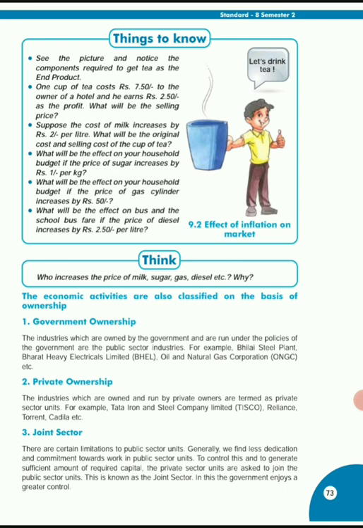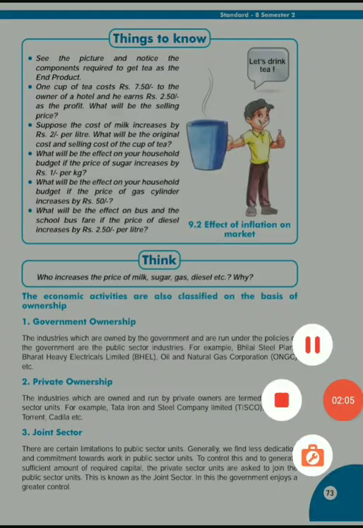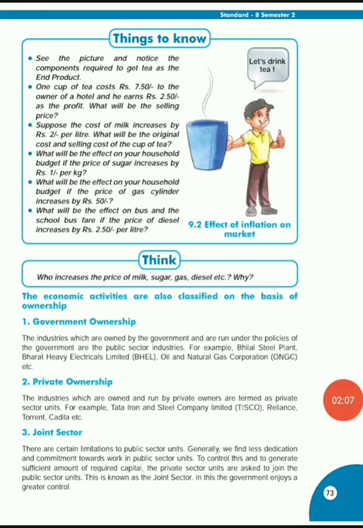Last point, that is the joint sector. The industries in which both public and private sector work together are called mixed entrepreneur, or we can say it's a joint sector also. Public sector units are less dedicated and committed towards work.